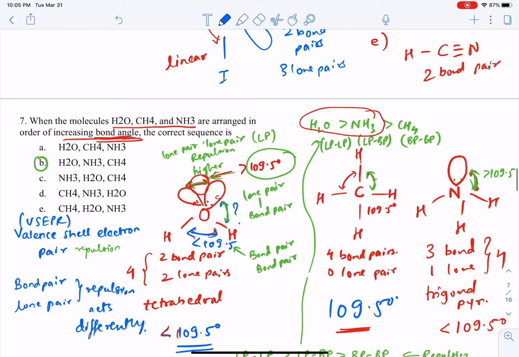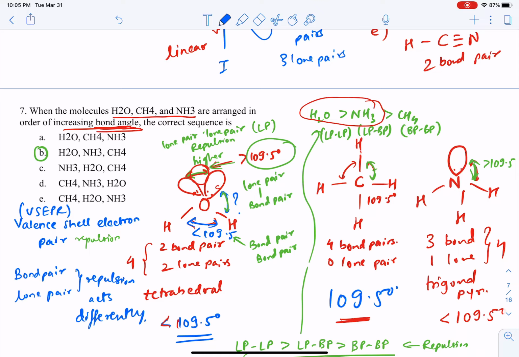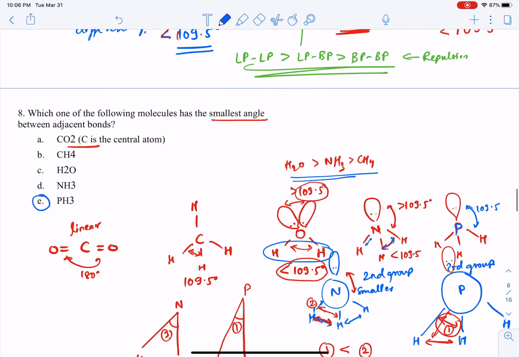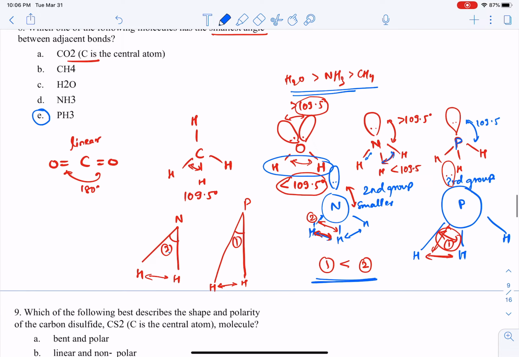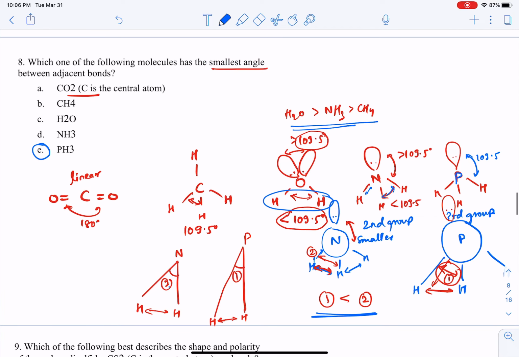The difference between these two questions is we had to find the highest angle possible there, and here we have to find the smallest angle possible and not the highest. So the smallest angle possible is in PH3, this one. So that's the answer.